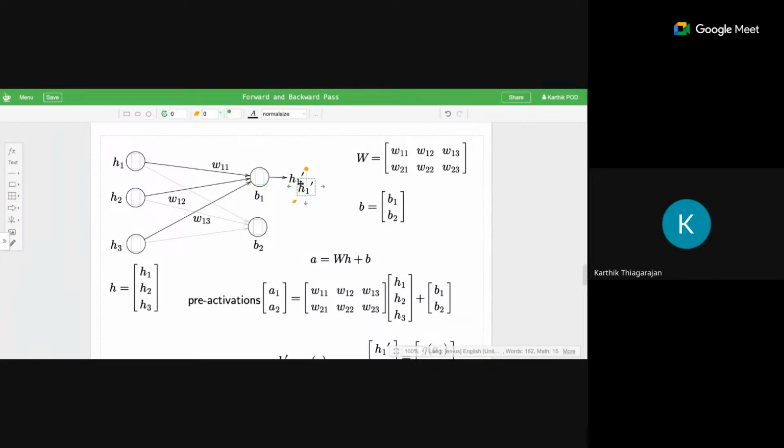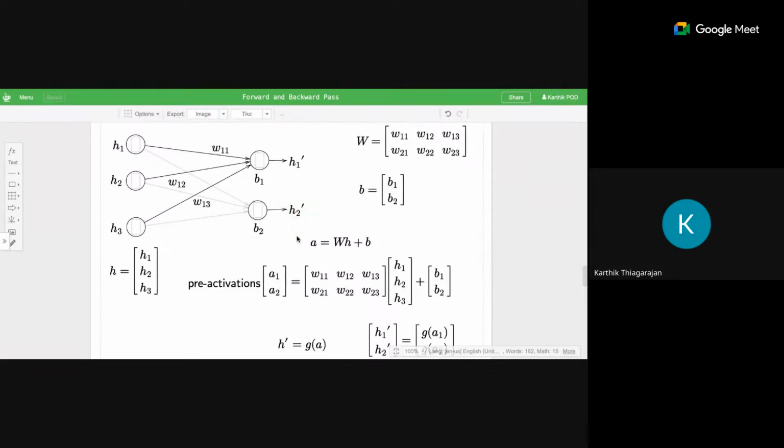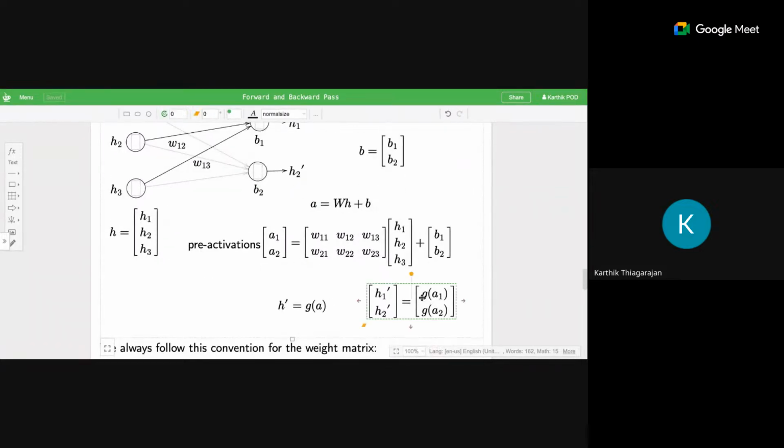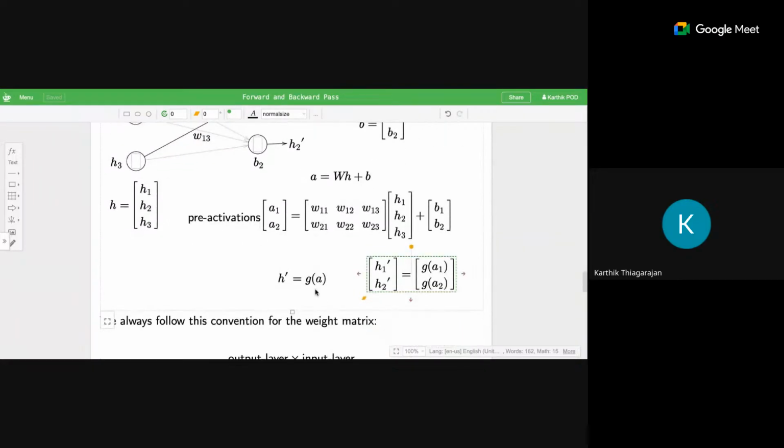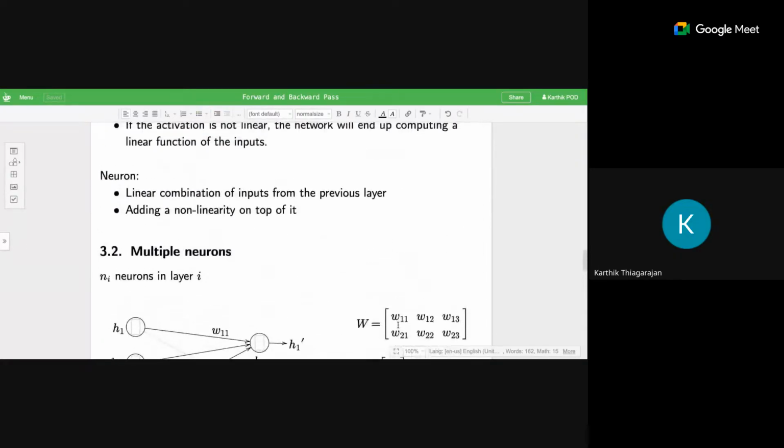Likewise, what we are interested in is H1 prime and H2 prime. So how do you compute H1 prime? G of A1. That is how you compute H1 prime. And G of A2 will give you H2 prime. So what is G? G is one of these functions, right?